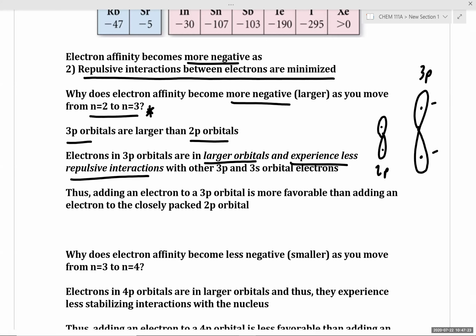Thus, even though the electrons in this 3p orbital experience a slightly decreased amount of interaction and stabilization with the nuclear charge, adding an electron to the 3p orbital is often more favorable than adding an electron to the closely packed 2p orbital because you're minimizing repulsive interactions.